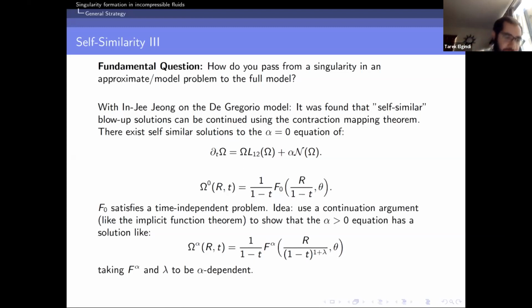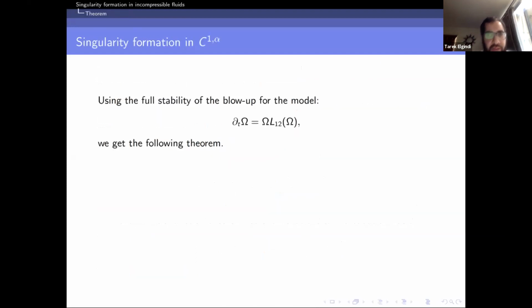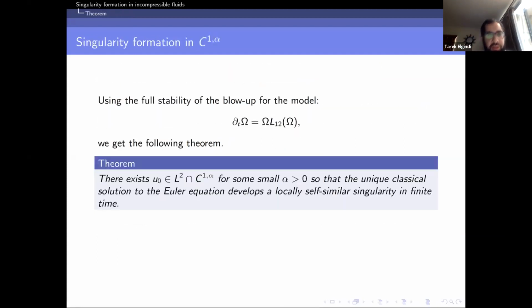This is a deeper discussion; about the linearized operator and things like that has to be discussed. And using some stability or coercivity for the linearized operator, you can establish the following theorem, part of which is in collaboration with Nader Masmoudi and Taj Ghul.